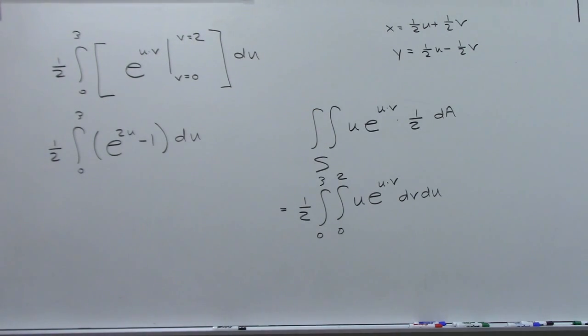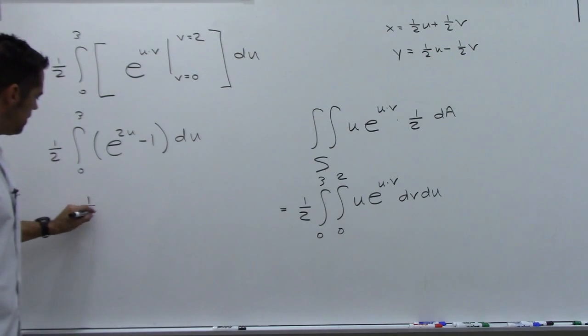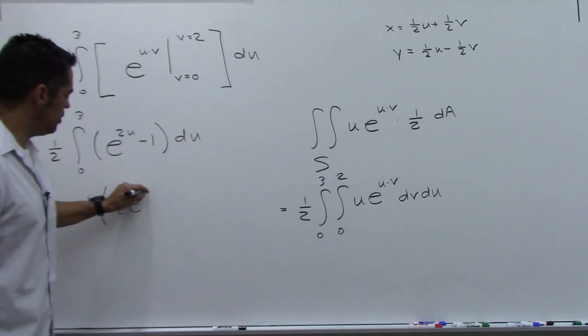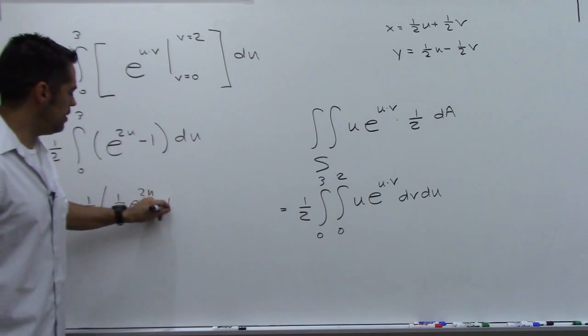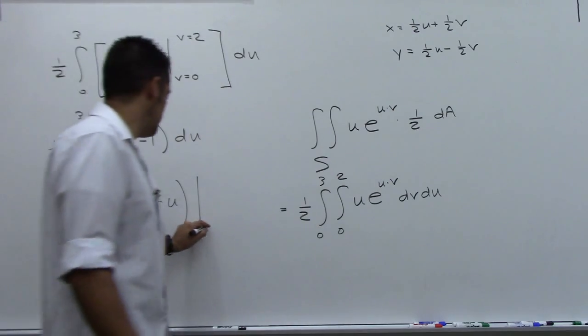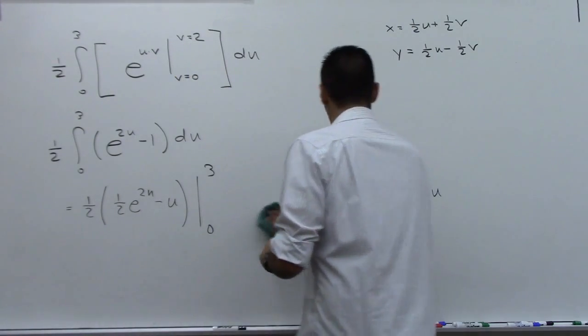And now integrate that. We have 1/2 times antiderivative of this is 1/2 e to the 2u. Antiderivative of 1 is u. Evaluating that from 0 to 3. And we should be there.